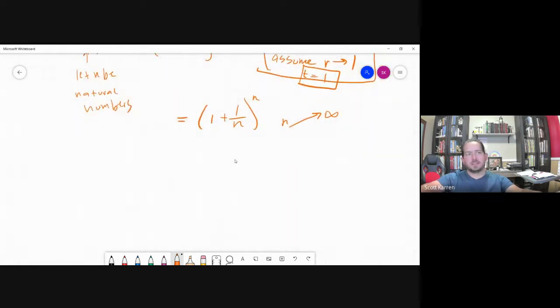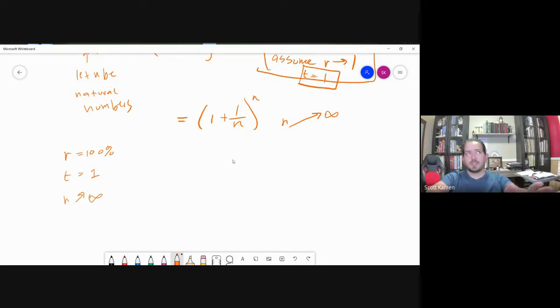The idea here is essentially we're taking that rate of 100%, and I'm going to let my time equal just 1 year. So we're just taking one small snapshot in time. But what happens if I keep compounding more and more times? Because if I compound more, then the interest I earn from the last compound, in the next compound I'm also getting interest on that interest, right?